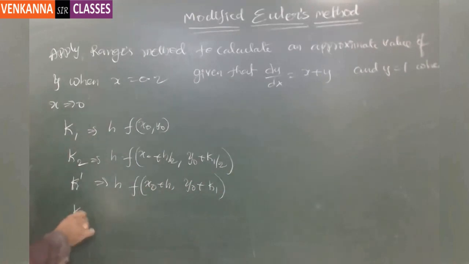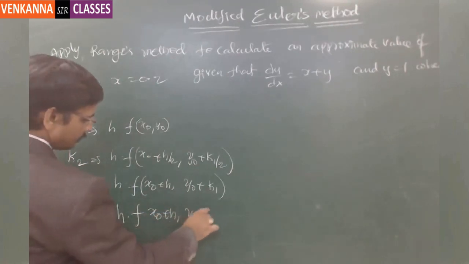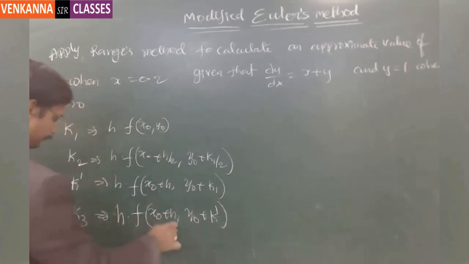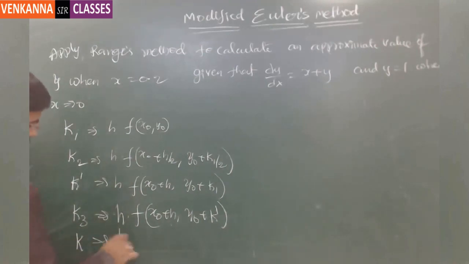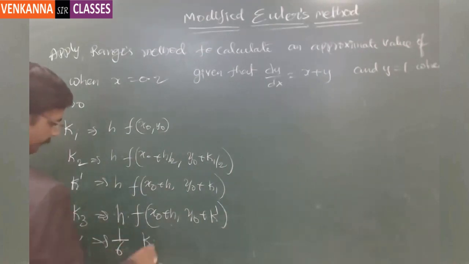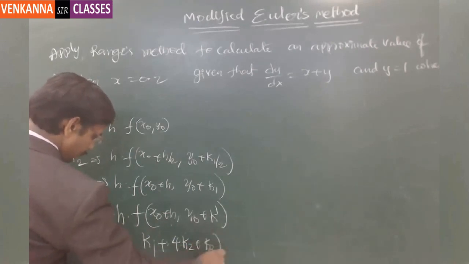And then k3 equal to h into f of x naught plus h comma y naught plus k dash. And then k equal to 1 by 6 times of k1 plus 4 times of k2 plus k3. So these are the rules.